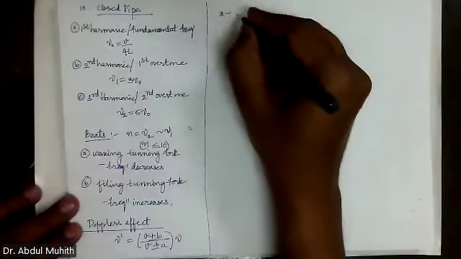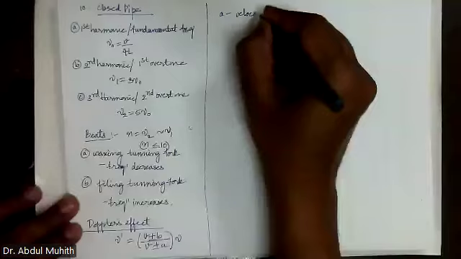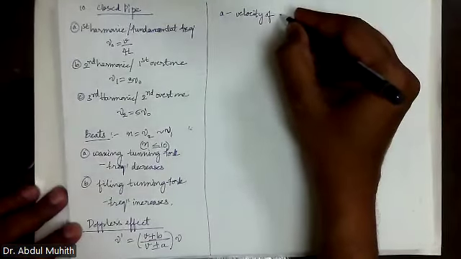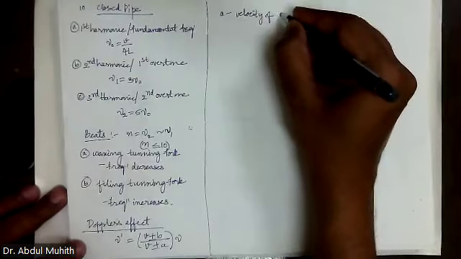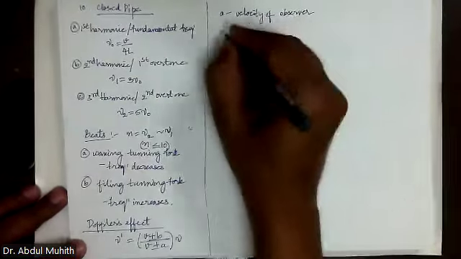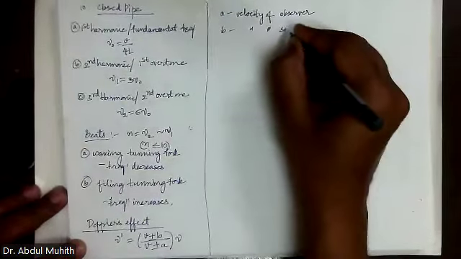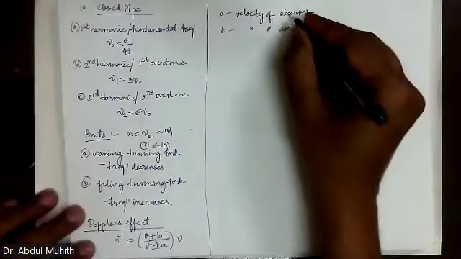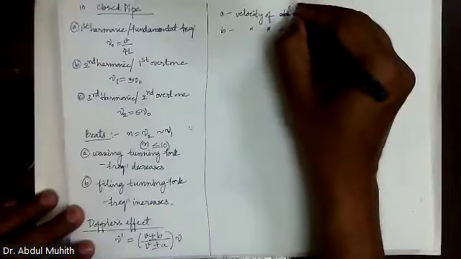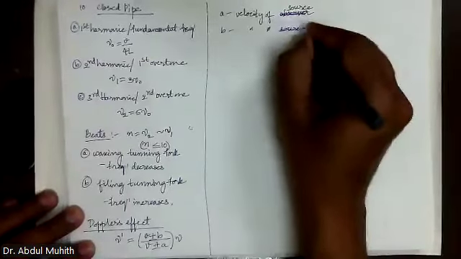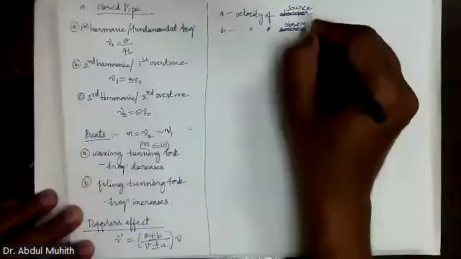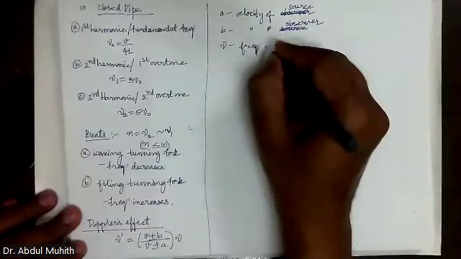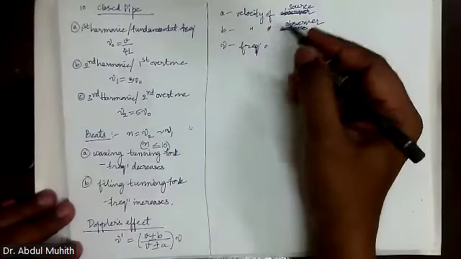A is the speed of observer. B is the velocity of source. The first one is source, and the second one is observer. Nu is the frequency of sound.